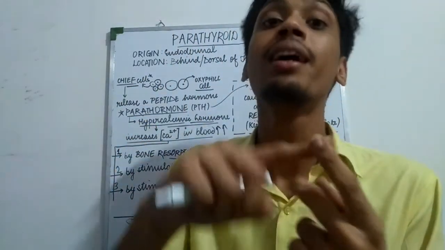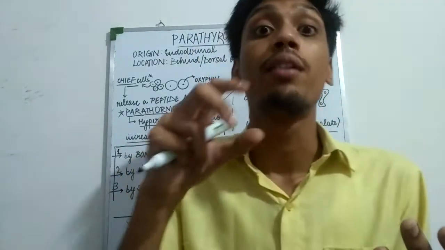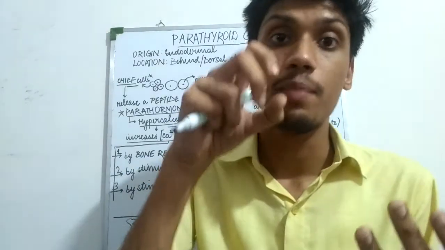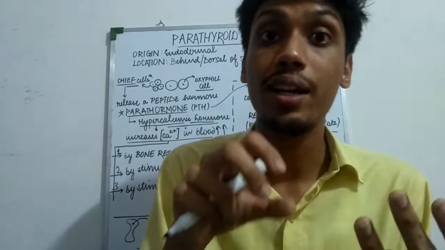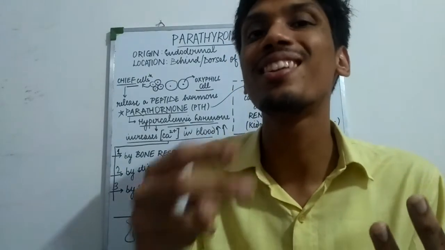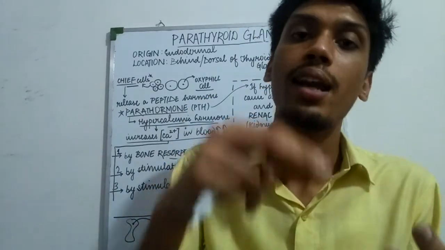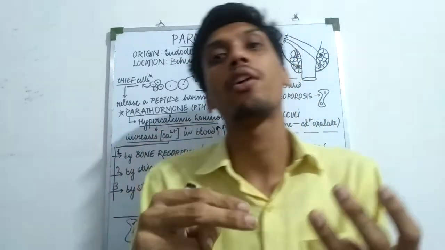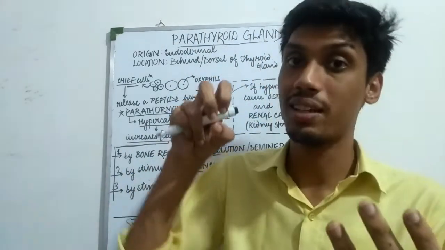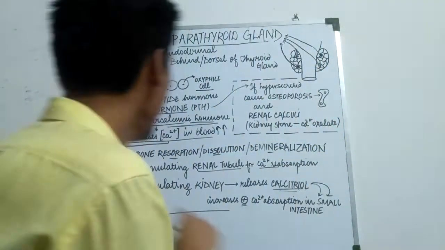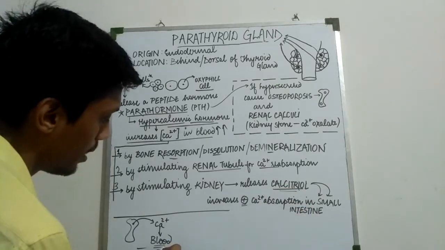The third one is by taking it out from your gastrointestinal tract, and major absorption occurs in the small intestine. So the third one is it stimulates the kidney, then the kidney activates calcitriol, and calcitriol absorbs the calcium from your small intestine. So these are the three ways by which calcium is increased in the bloodstream.